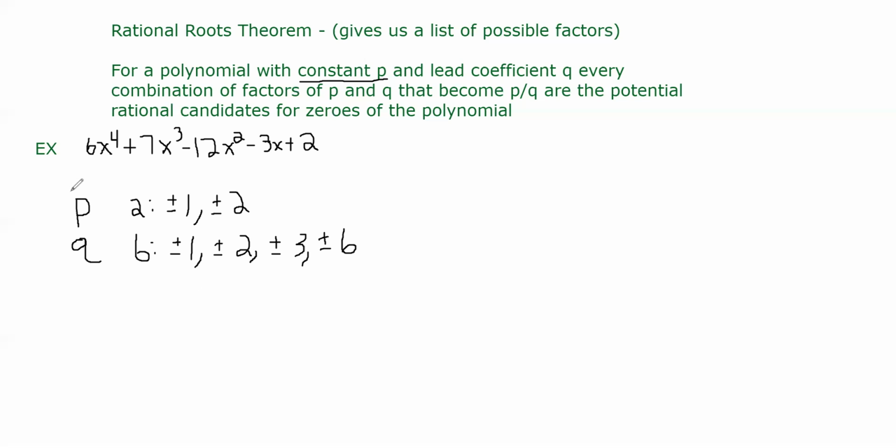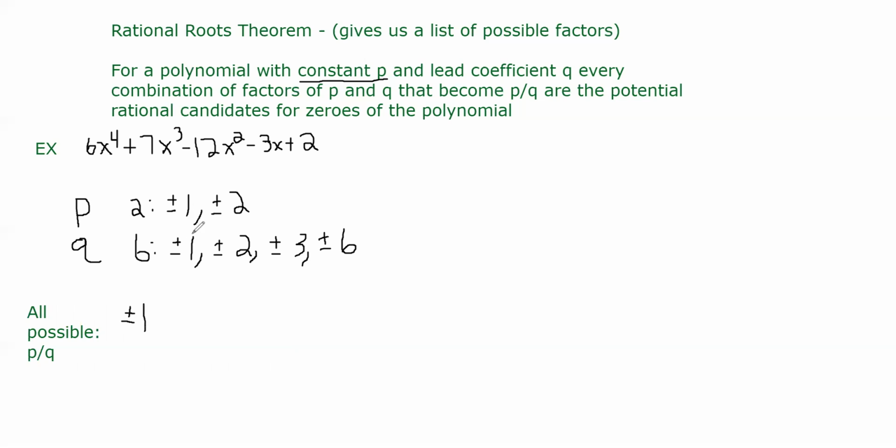So we've started by identifying P and Q. We've identified their factors. And now what we need to do is find all possible combinations of P over Q. In other words, take every possible P and divide it by every possible Q factor. This is going to be our list, and it's going to be long.